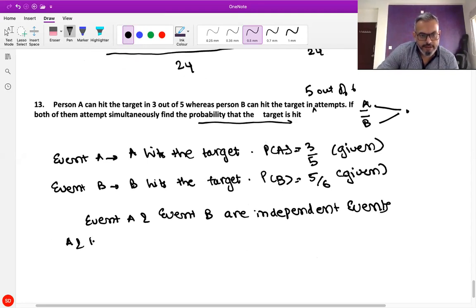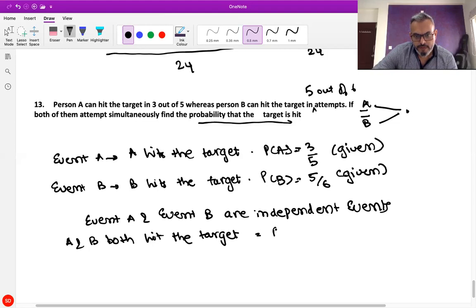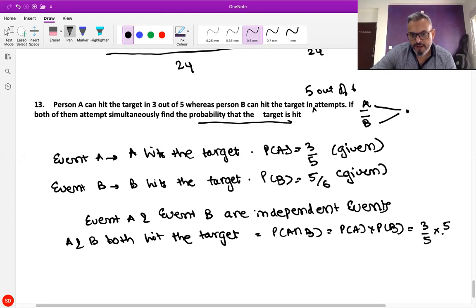A and B both hit the target is equal to P of A intersection B, which is equal to P of A into P of B, which is equal to 3 by 5 into 5 by 6. 5 cancel, 3 2s are, so 1 by 2.